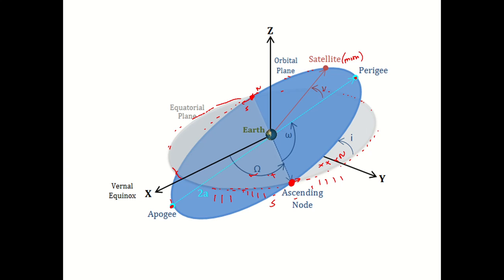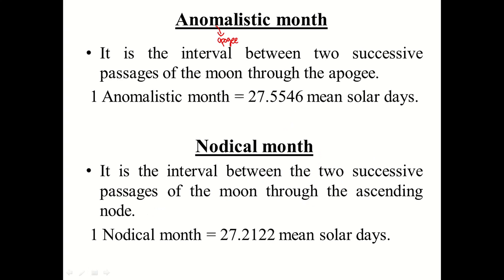So with reference to this ascending node, we can define a month, which is called a nautical month. So nautical month is the time interval between two successive passages of the moon through the ascending node.